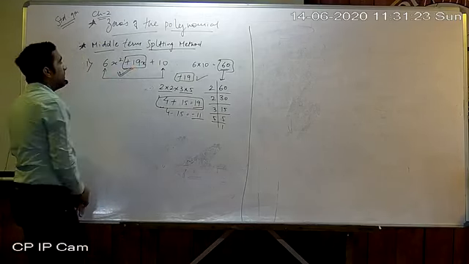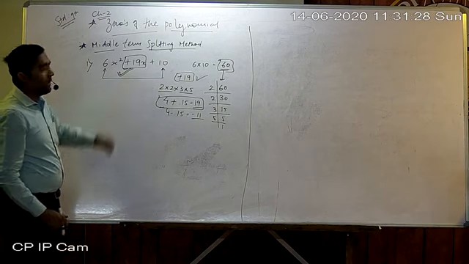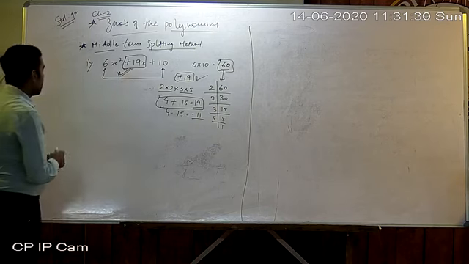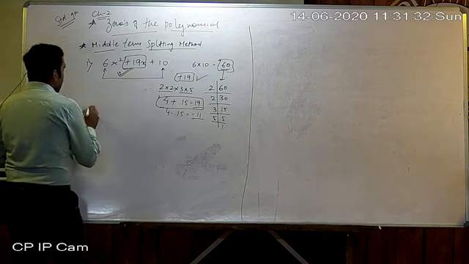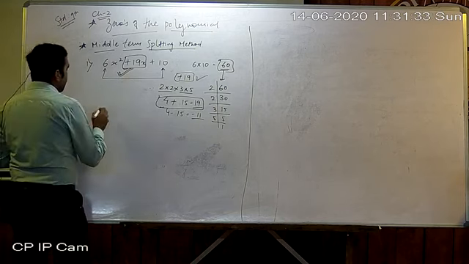Now write the first term 6x square as it is and the last term 10 as it is, and split 19x into two terms. First is 4x and second is plus 15x.